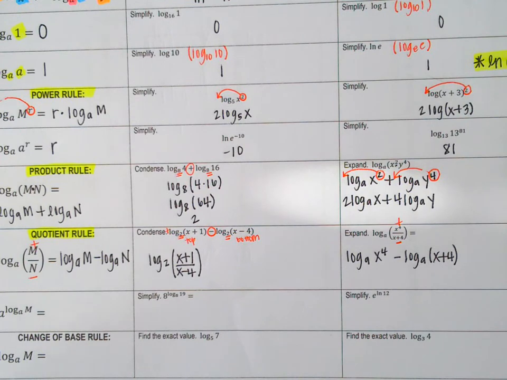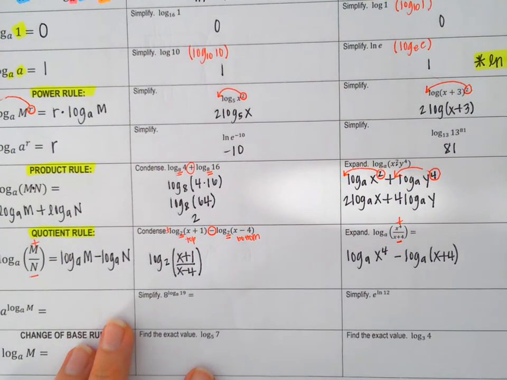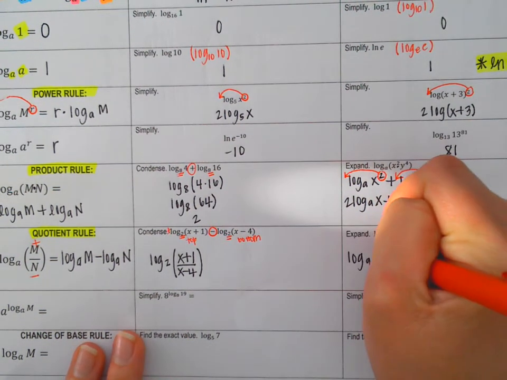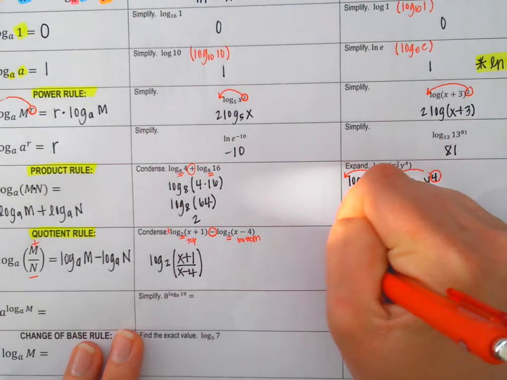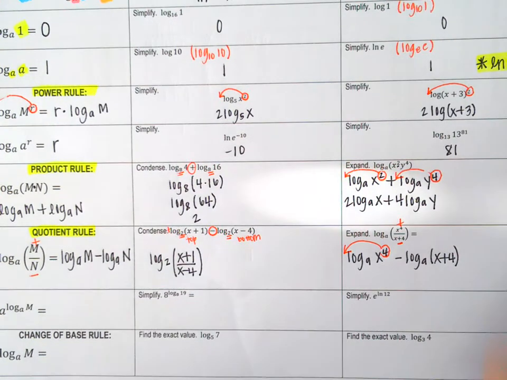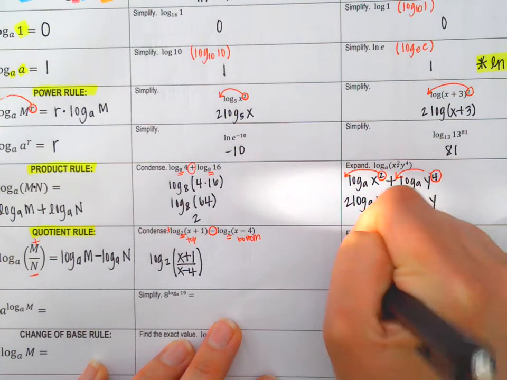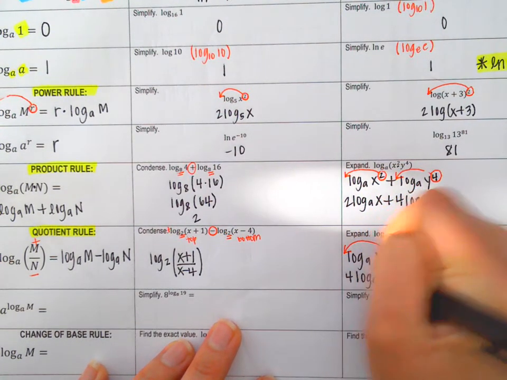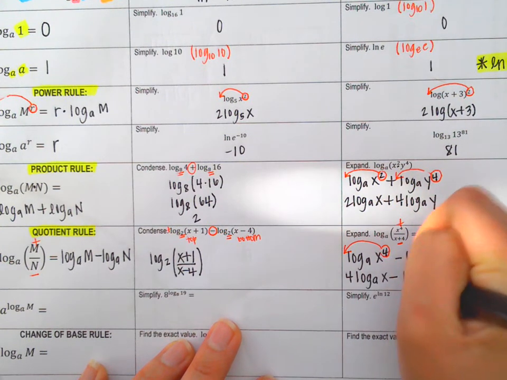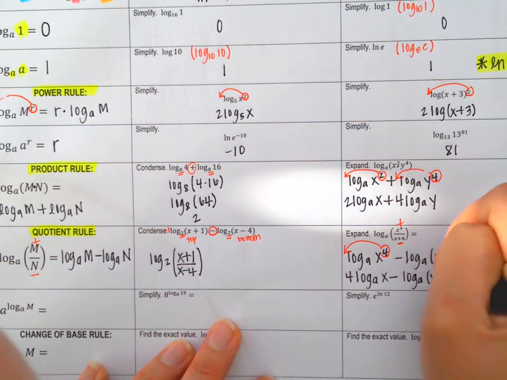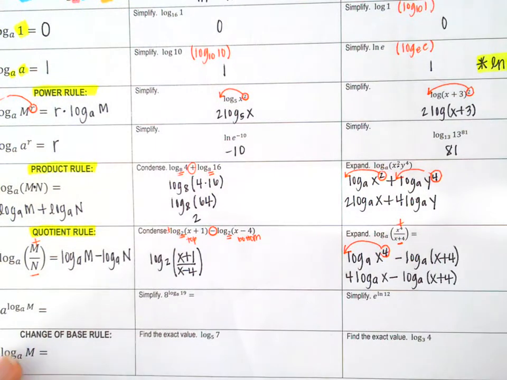And if you're thinking power rule, you're correct. So we want to move that 4 to the front. That's the only power we have. So this fully simplified, fully expanded would be 4 log base a of x minus log base a of x plus 4.